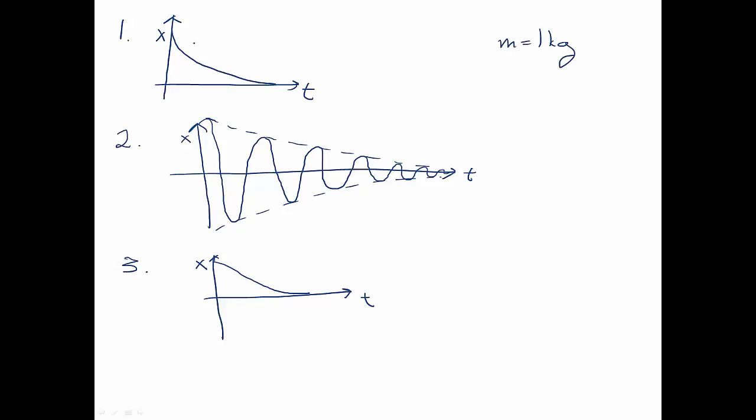For our particular numbers, in the case of overdamping, we had a bigger drag coefficient and a smaller spring constant. And then in the case of underdamping, we had a smaller drag coefficient and a bigger spring constant.